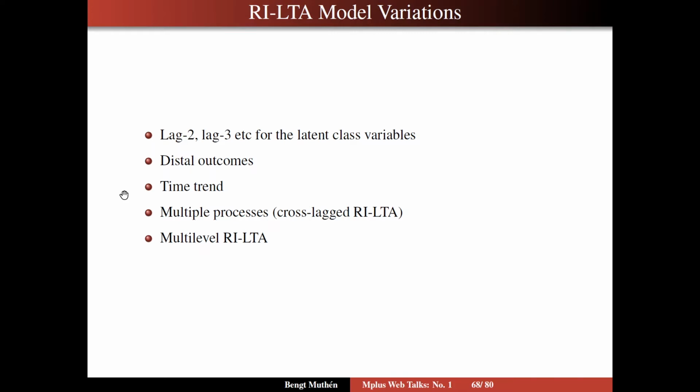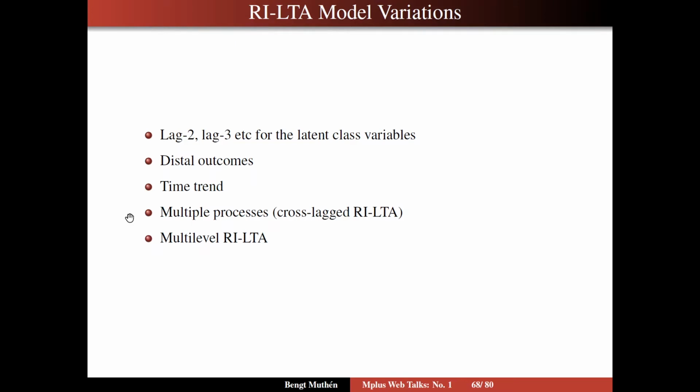And in this general framework, we can also work with multiple processes, that is more than one LTA going forward, and we can actually have processes that have cross-lagged influence, so a cross-lagged RI-LTA in line with the RI cross-lagged panel model, RI-CLPM.